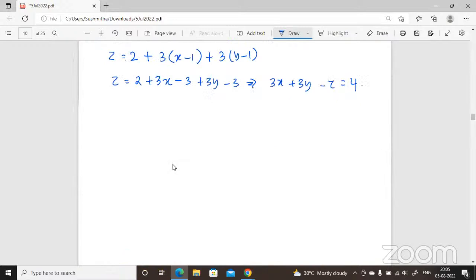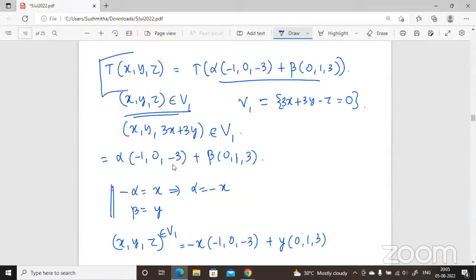Now we are trying to express every element of V1 in terms of the basis vectors. So any element in V1 looks like this, because this is my V1. In terms of the basis vectors, alpha times this plus beta times this, we want to find out what alpha and beta are. Clear?